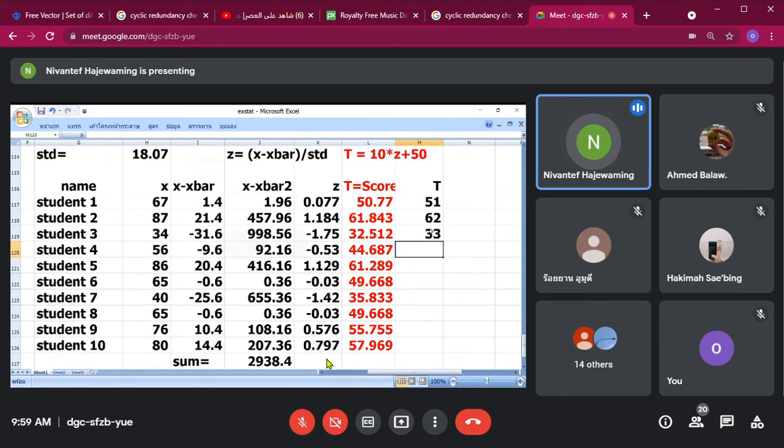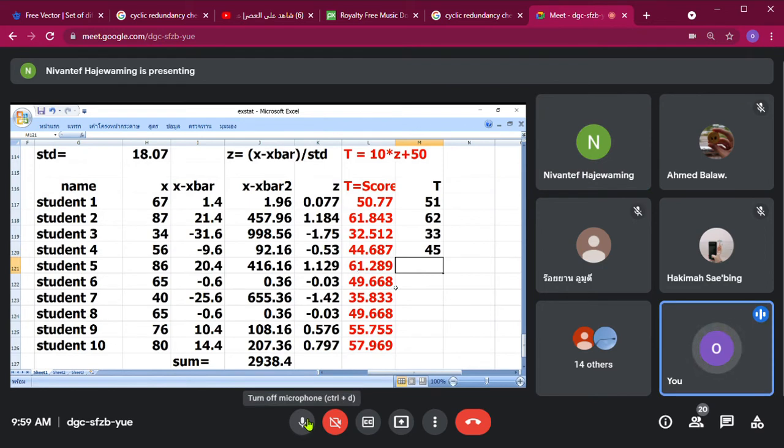You can add 0.6 to 1. 44.6, we got 45. If the decimal point is 5 or larger than 5, you add 1. This is 61.2, it is smaller, so maybe you can keep 61. It depends on you and the student.